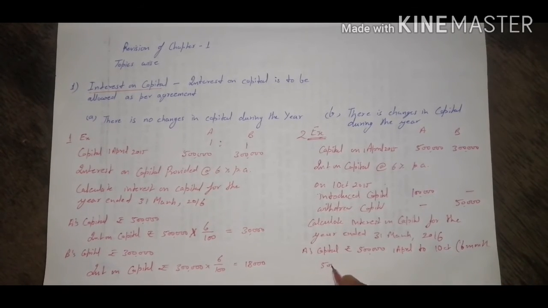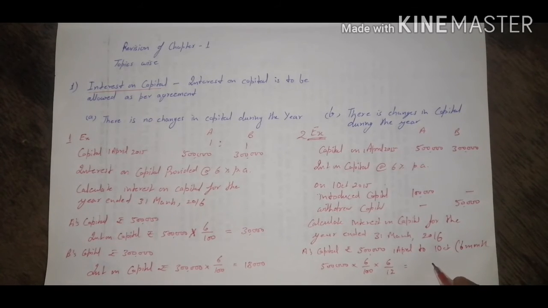Now 5 lakh rupees capital at the rate of 6% for 6 months, amount rupees 15,000.